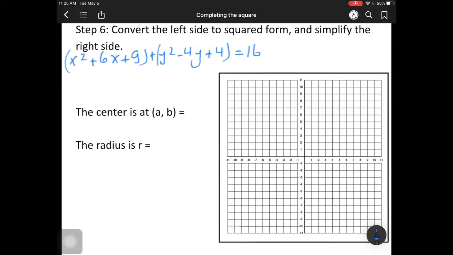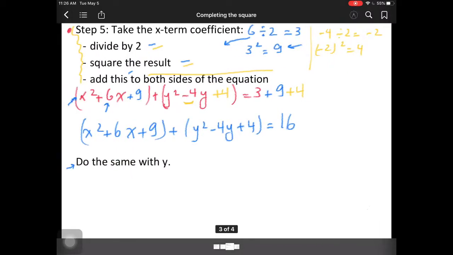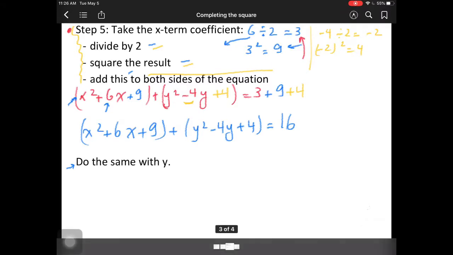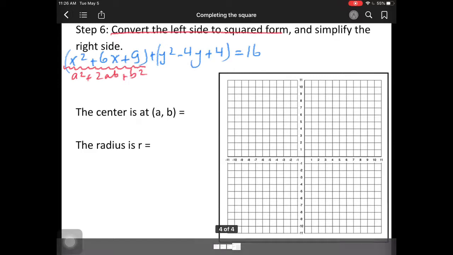So this step says convert the left side to square form. As you can see here, this is a remarkable identity, right? This is in the form of a squared plus 2ab plus b squared, right? If we go back to here, look, when we divided by 2 we got 3. So this is what we're looking for.